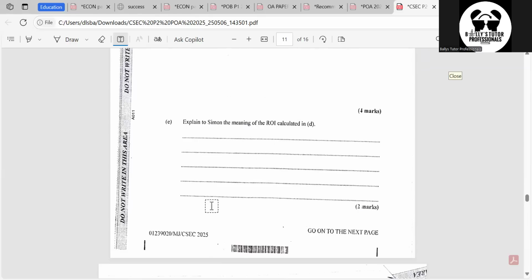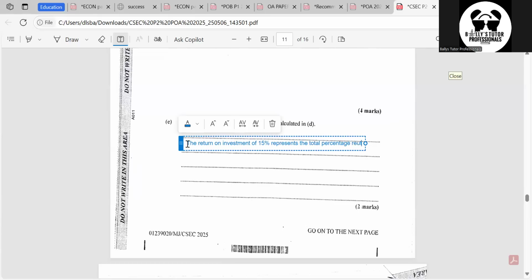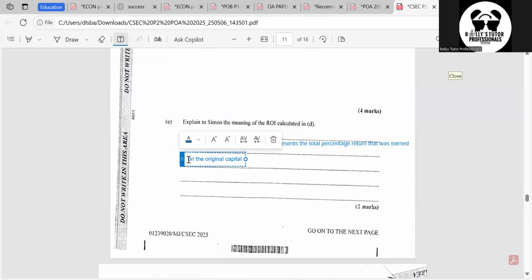So we could say that the return on investment of 15% represents the total percentage return that was earned on the original capital invested of 65,000 over a 5-year period.